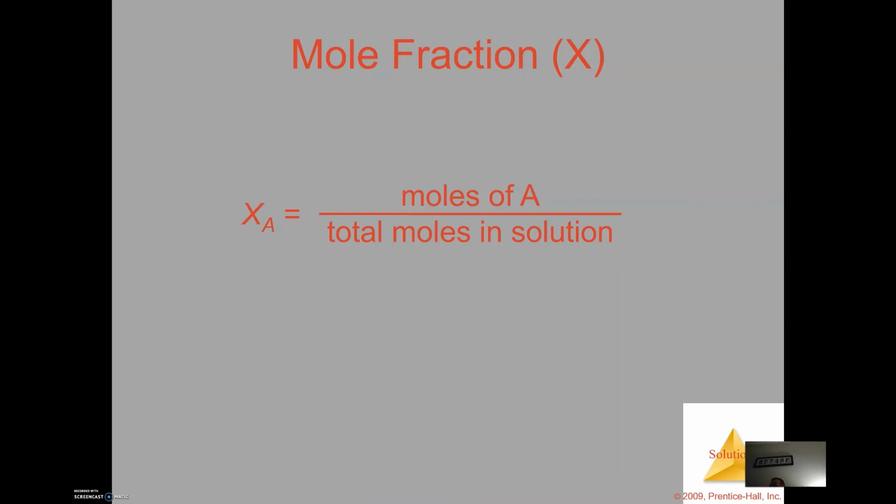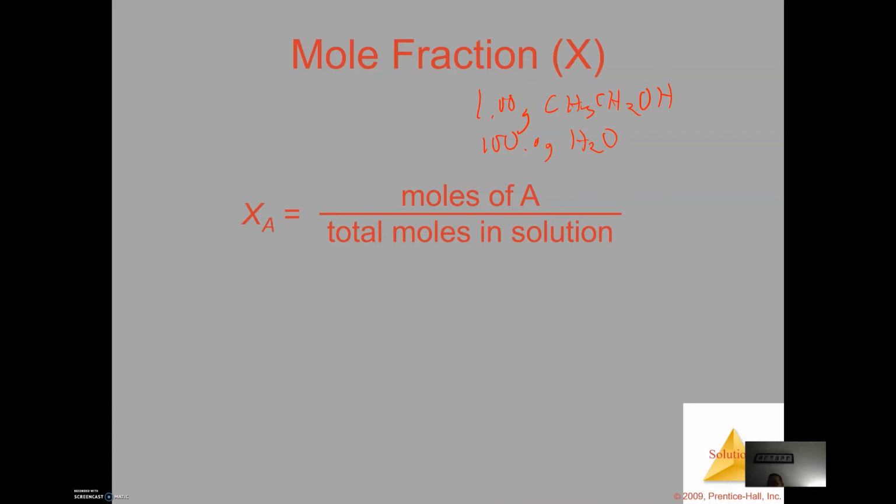So for mole fraction, if I were to have 1 gram of ethanol, which is CH3CH2OH, and 100 grams of water, what would the mole fraction be? What we need to do first is convert your grams of ethanol into moles of ethanol, then convert your grams of water into moles of water.